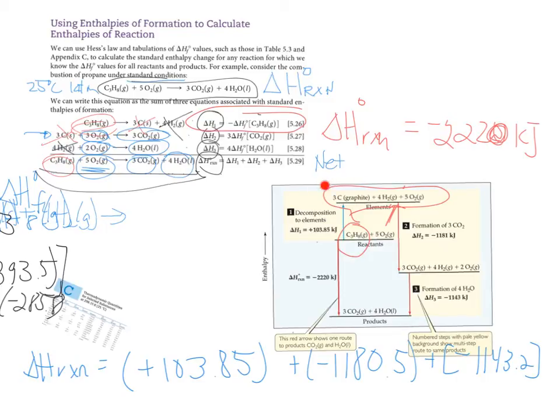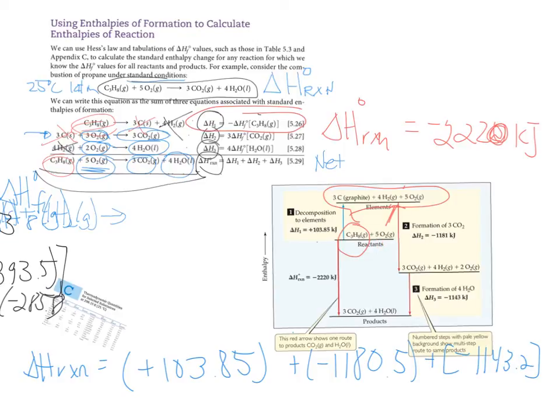And that was these 3 carbons with 3 of these oxygens making 3 CO2s. So then what we had left was 3 CO2s, and we still had the 4 hydrogens and 2 oxygens left over. And then we formed 4 H2Os from the hydrogen and the oxygen. And that's how these 3 steps in pictures get to these products when you start with these reactants.